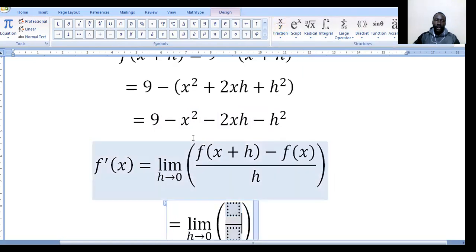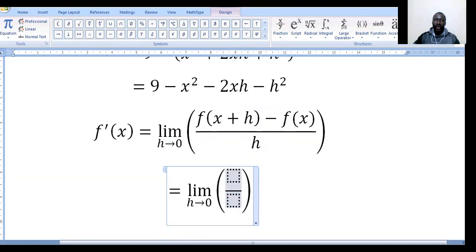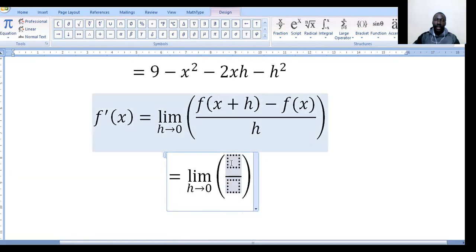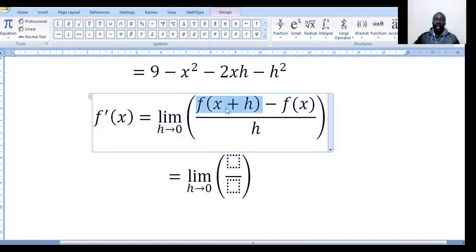f of x plus h, which in this case is 9 minus x squared. Okay, that's what we are going to start with. It will be f of x plus h, this one here. This is what we now want to first deal with, f of x plus h, which is what we have right here.